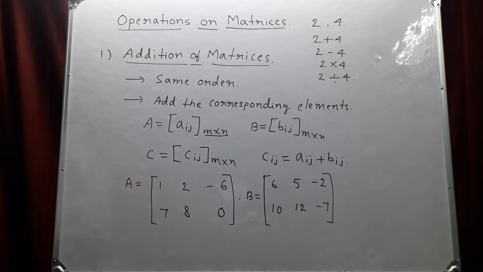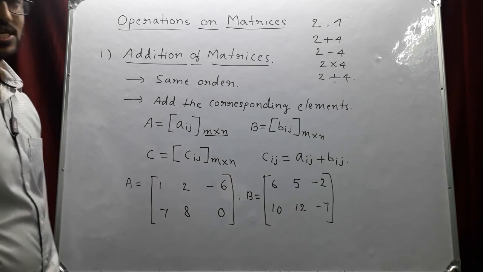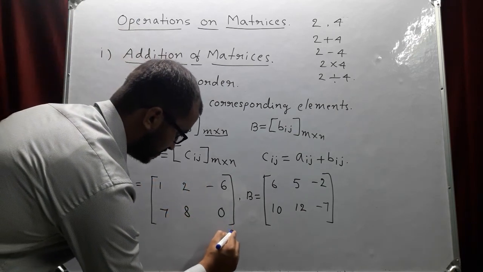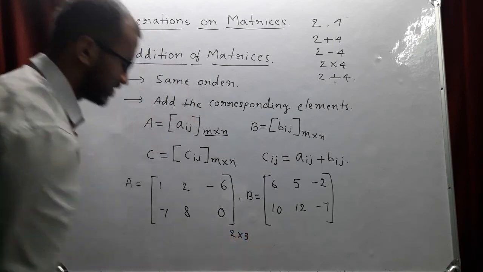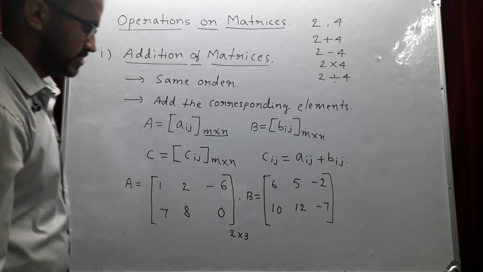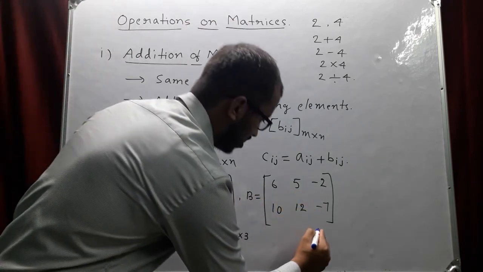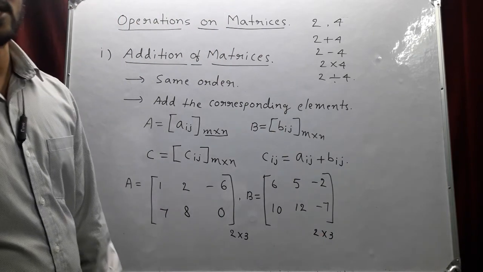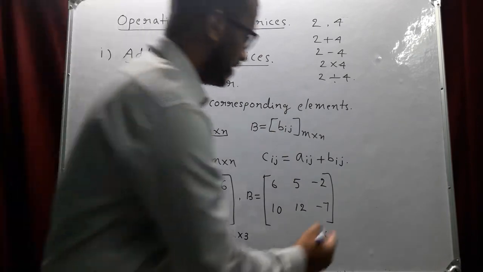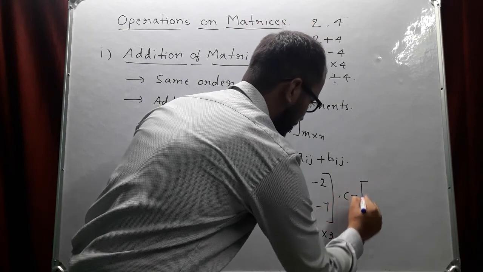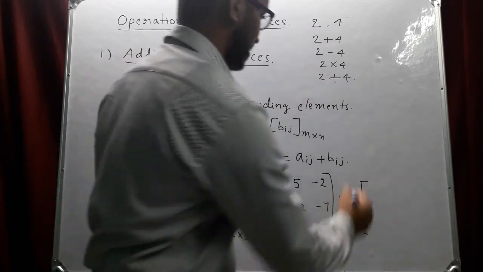So these are the matrices A and B. See, both the matrices are of the same order. The order of the first matrix is 2 by 3, since it has 2 rows and 3 columns. Similarly, the order of the matrix B is also 2 by 3.